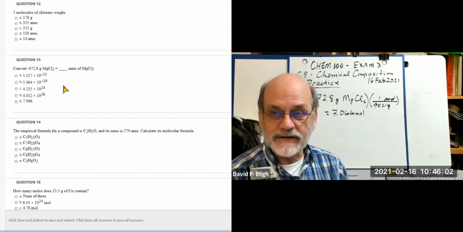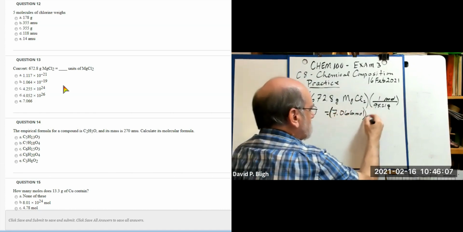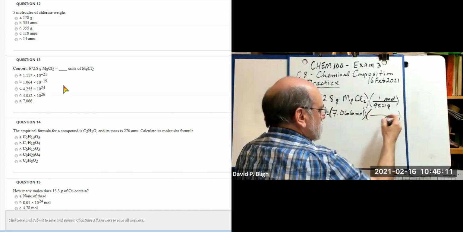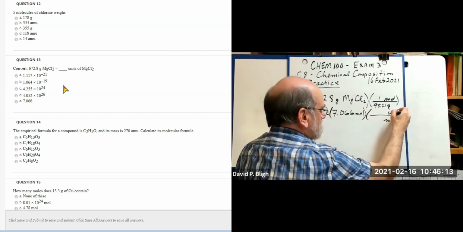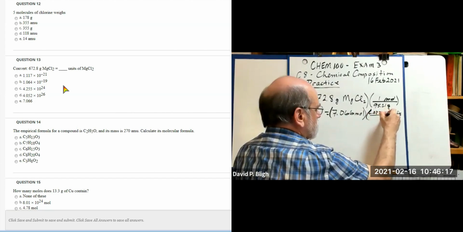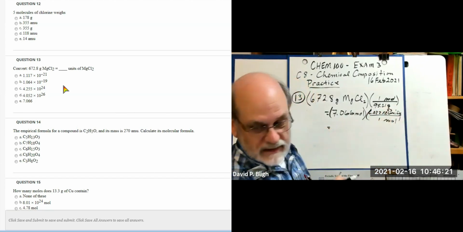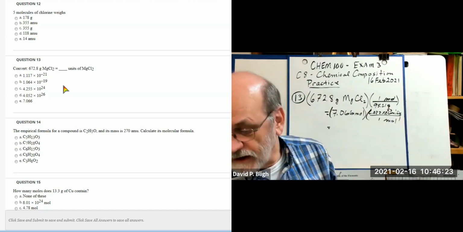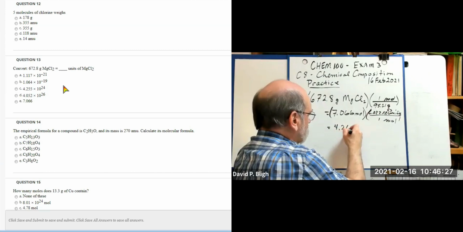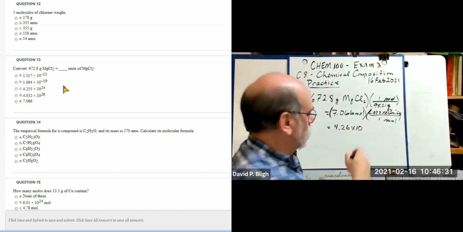So you've got to go the next step and convert moles to units. And that's Avogadro's number. And that makes it a fairly substantial number, 10 to the 24th.